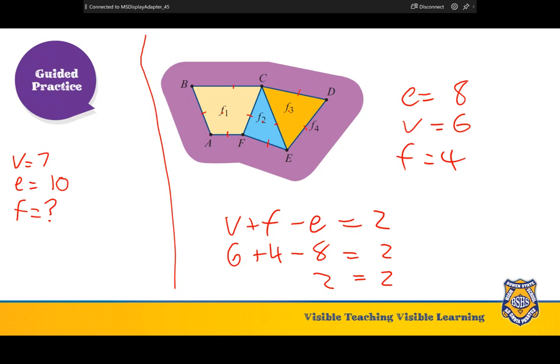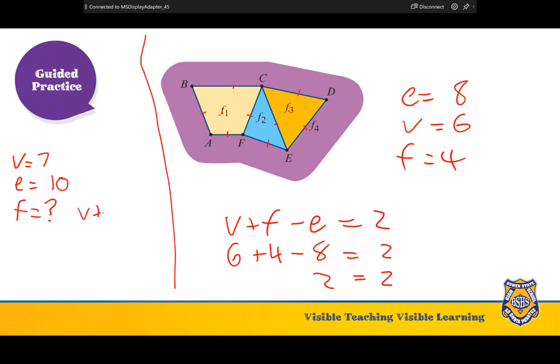How could we do that? You could try and draw it. That would be really difficult though, especially seeing as 7 vertices, 10 edges could be drawn a number of different ways. But if I tell you it's a planar graph, is there anything we could do to figure out how many faces it's going to have? Yeah, we just put in the formula.